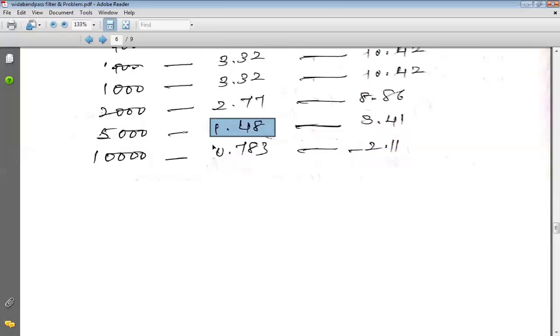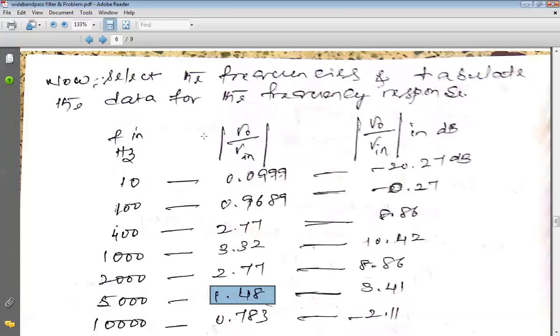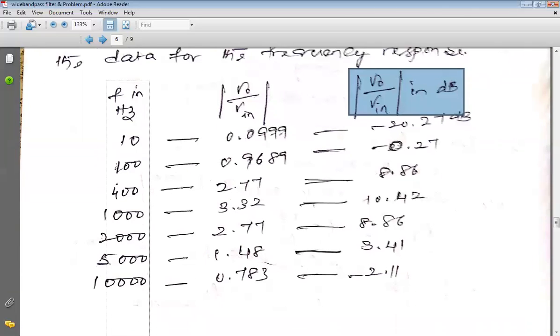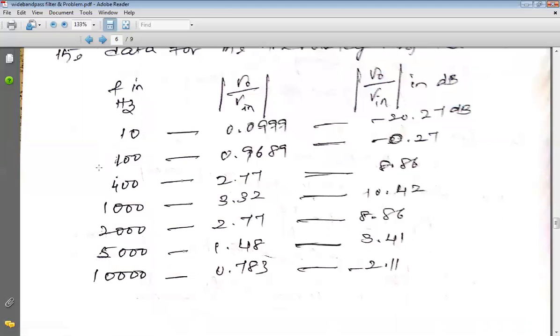This will be drawn by taking the voltage gain in terms of decibels along the y-axis, and input frequency along the x-axis.